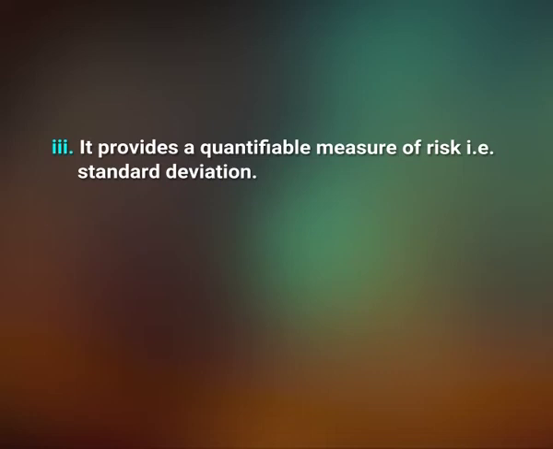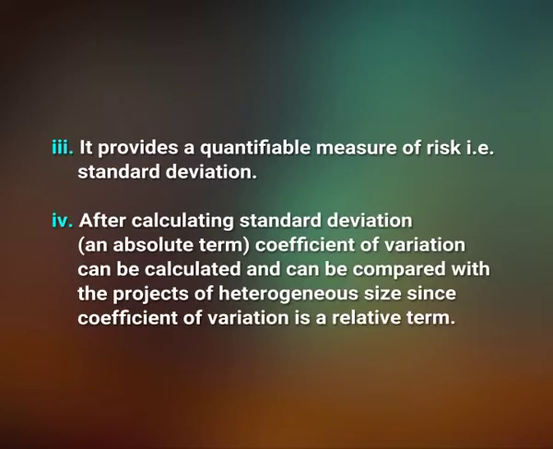The third advantage is it provides a quantifiable measure of risk, that is standard deviation. The fourth advantage is after calculating standard deviation, which is an absolute term, the coefficient of variation can be calculated and can be compared with projects of heterogeneous size, since the coefficient of variation is a relative term.